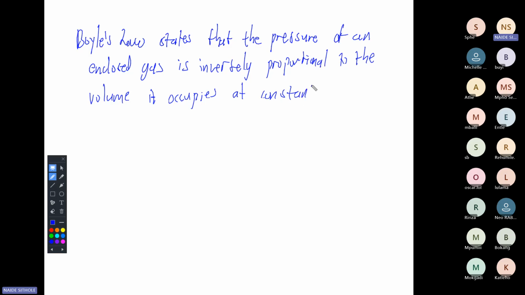Make sure all those things are there, including at constant temperature. Yes.